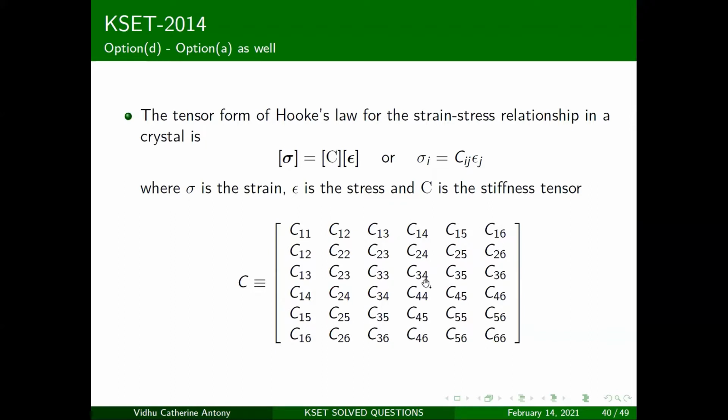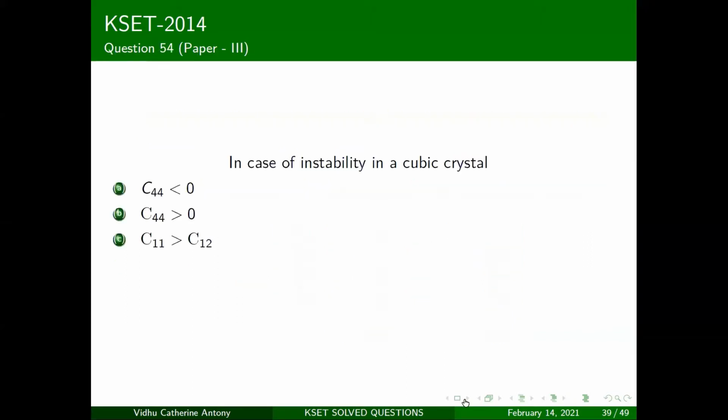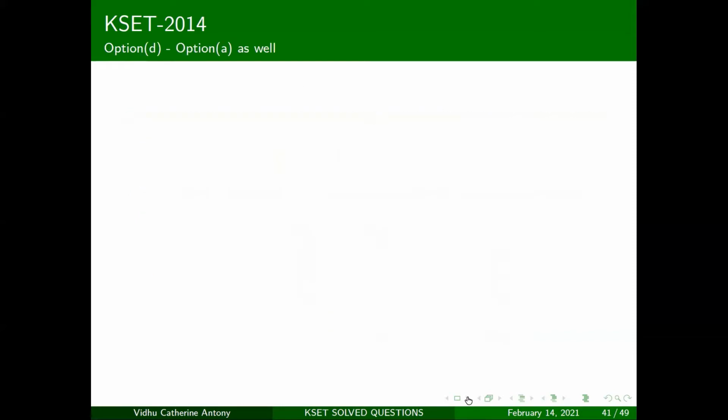The C11, C12 are each an entry in the stiffness tensor. In this question they are specifically asking about a cubic crystal, which is the simplest one. Let's go to the next slide.